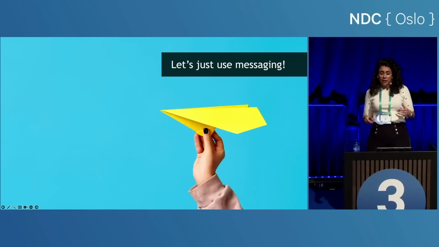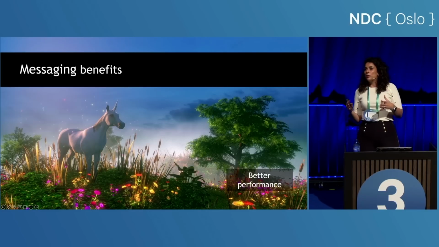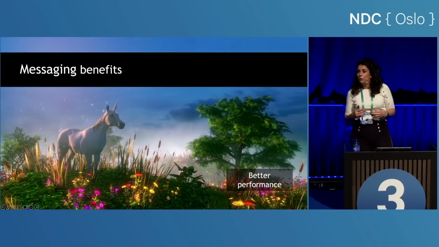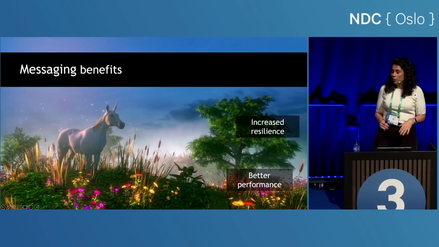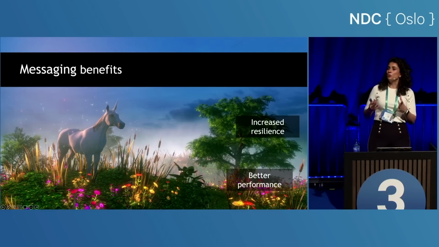Because it actually brings a bunch of benefits. First of all, it will give us better performance, right? Because now we can gradually scale individual components that can deal with all of that load, and we will see our performance rise. We will also see increased resilience, because now all of those messages are stored on a broker. If something goes wrong, we can always retry.